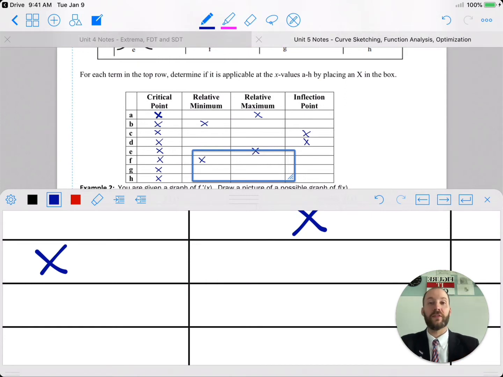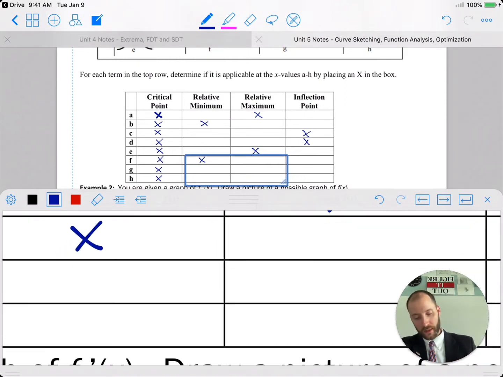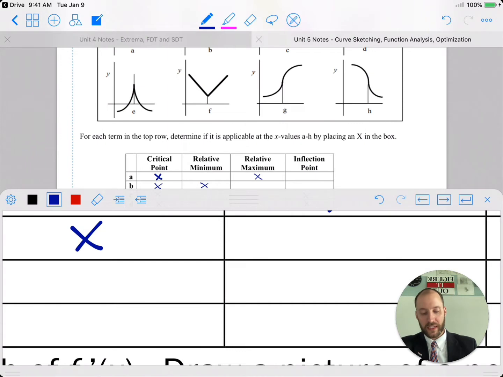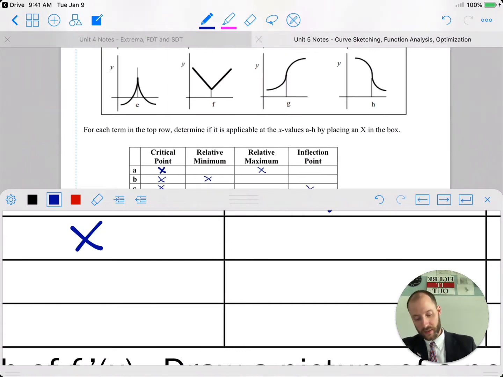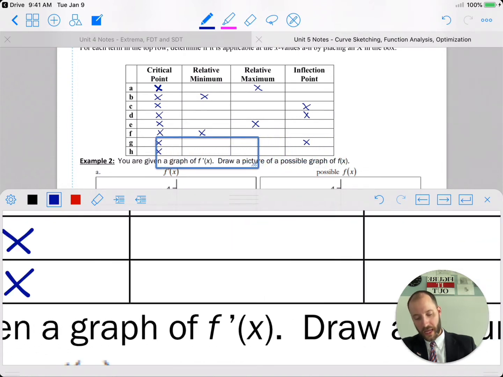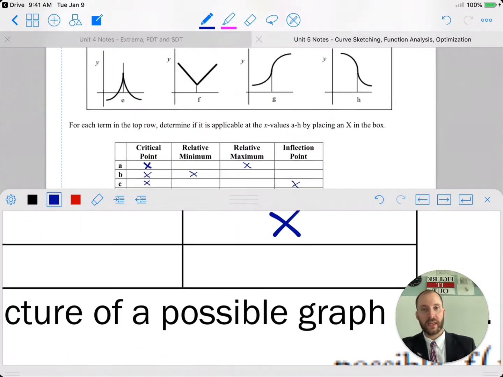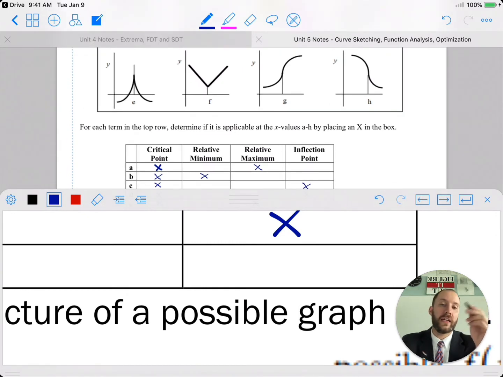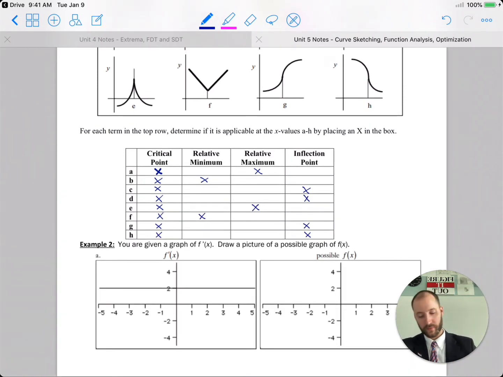So a relative minimum. G, we see a change in concavity. So that being an inflection point. And H, we also see not a max or min, but a change in concavity. So also an inflection point.